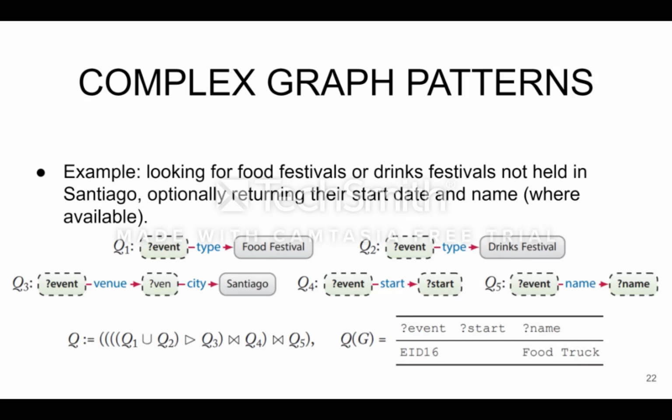After that we minus Q3, meaning we remove events in Santiago, and then we join with Q4 to have the start date of the event, and we join with Q5 to have the name of the event.